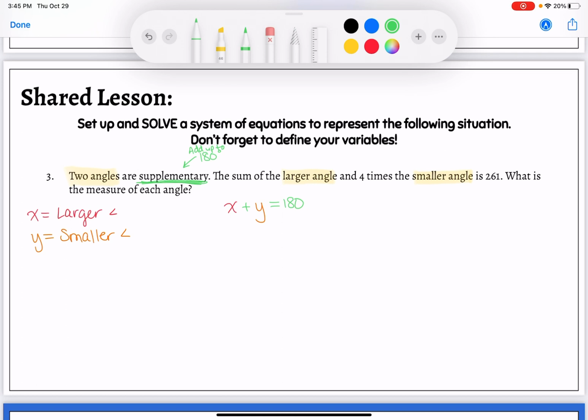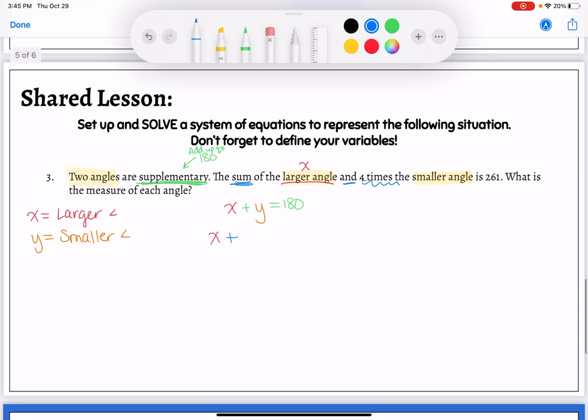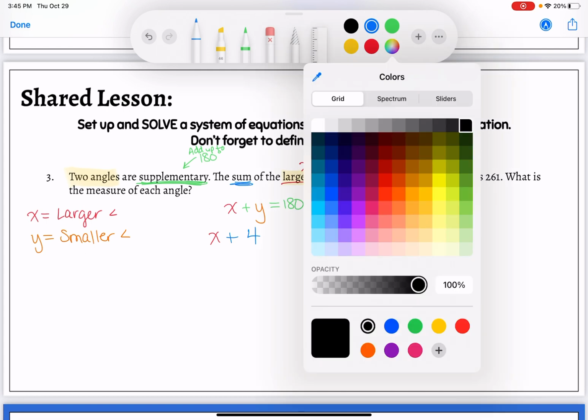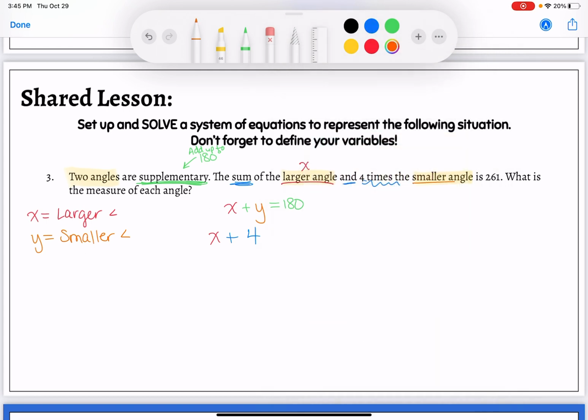Okay. Now the second equation says the sum, so I'm adding something together. The sum of the larger angle, so that was x, and 4 times the smaller, which we said was y, is 261.